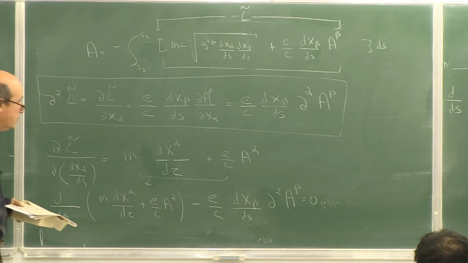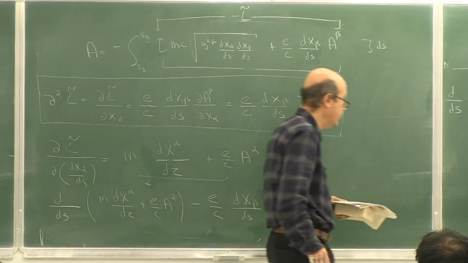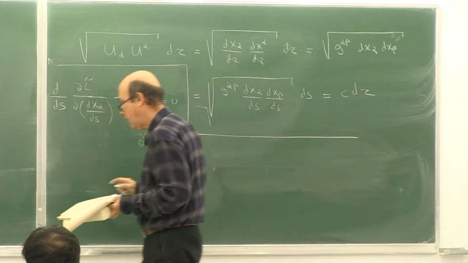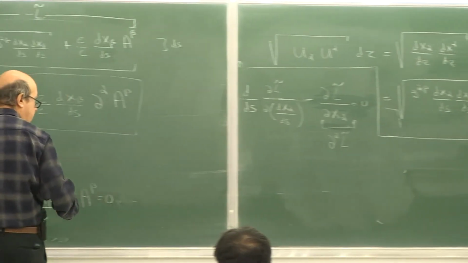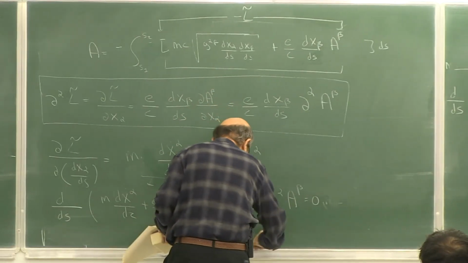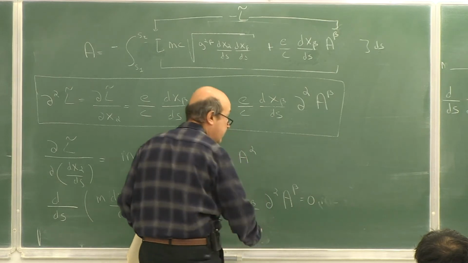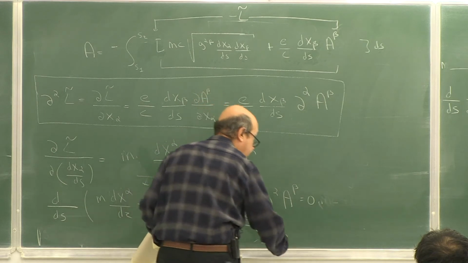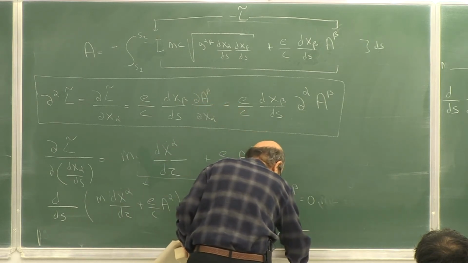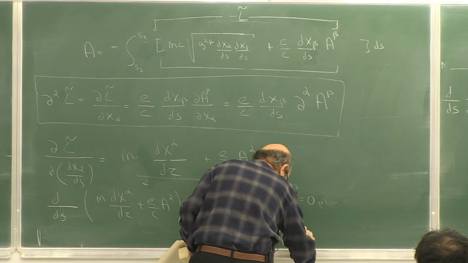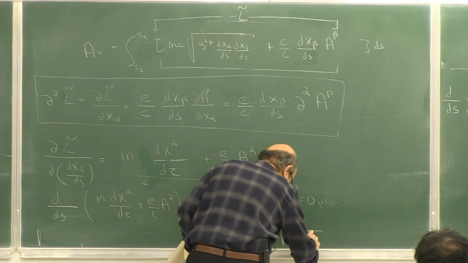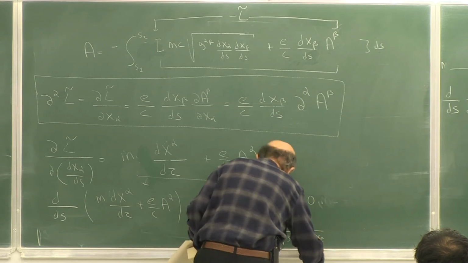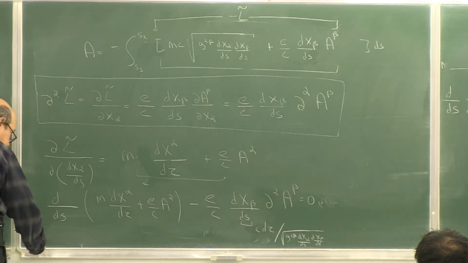So let us do the same trick we did earlier. Instead of ds, you can say c d tau over square root of g alpha beta and the velocities. So ds could be written as c d tau divided by the square root of g alpha beta dx alpha over ds dx beta over ds, and you can do the same thing here.